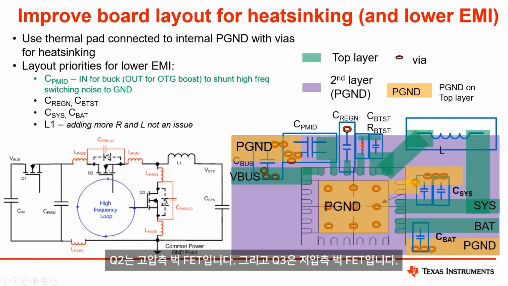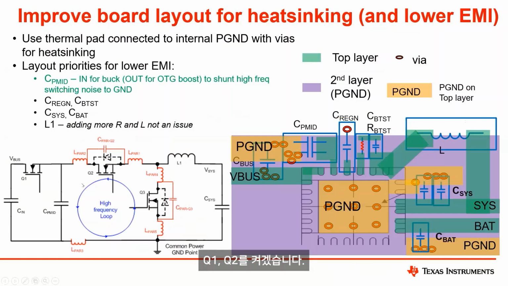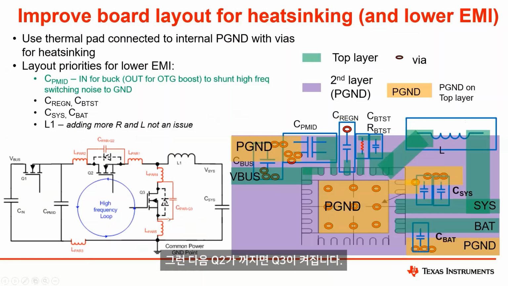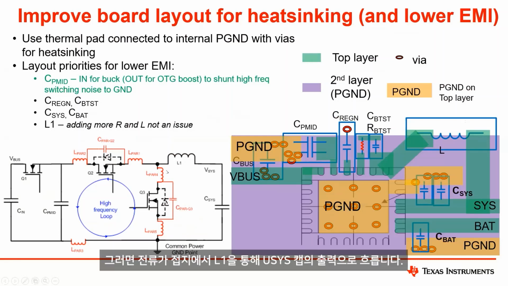Q2 is the high side buck FET, and then Q3 is the low side buck FET. So we would turn on Q1, Q2, current goes through L1 to sys, and then makes a loop that way. And then when Q2 is turned off, we turn on Q3, and we have current that flows from ground through L1 to the output at VSys and the cap.